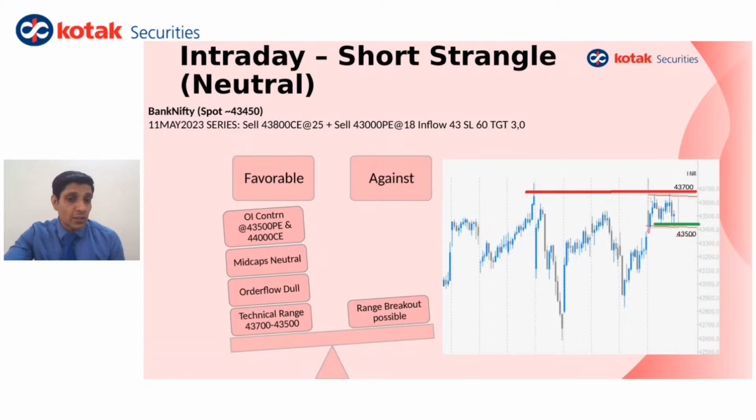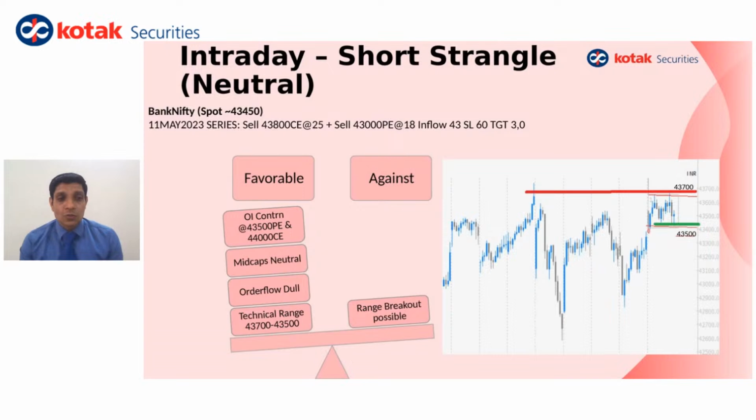In fact, today's trade was, since tomorrow is the expiry, what we did was we sold the 44,500 call at 20 rupees and the 43,000 put at 20 rupees. So 40 rupees was the premium, and we finally cut the position at about 27 rupees.